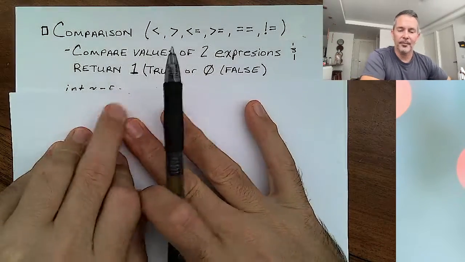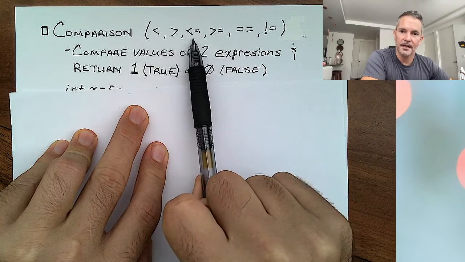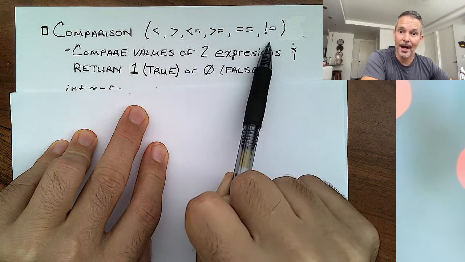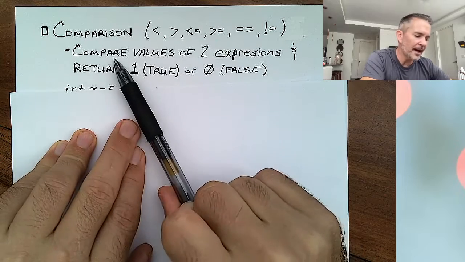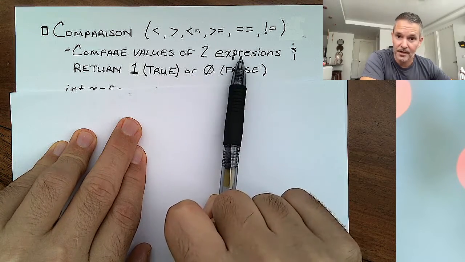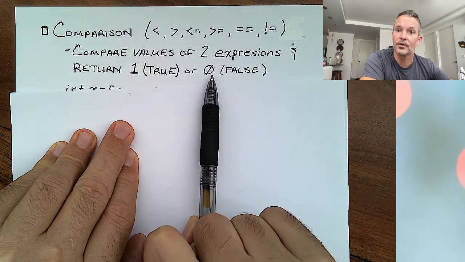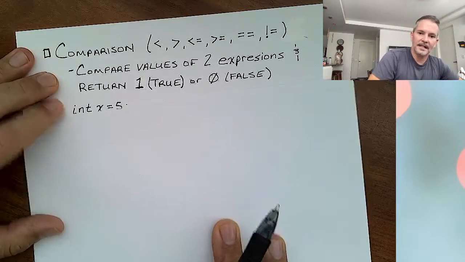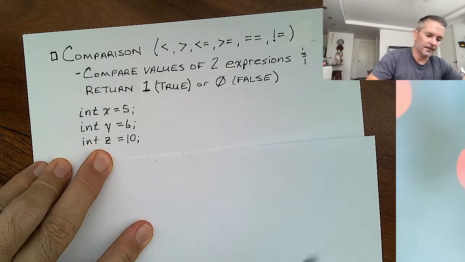The comparison operators in the C language are less than, greater than, less than or equal, greater than or equal, equal, not equal. So what do these operators do? Well, they compare two values, the values of two expressions, and they return 1 for true or 0 for false. So let's take a look. Let's imagine that I have these variables defined.